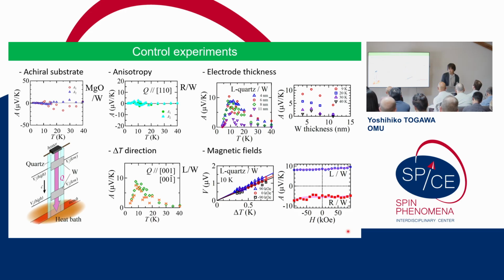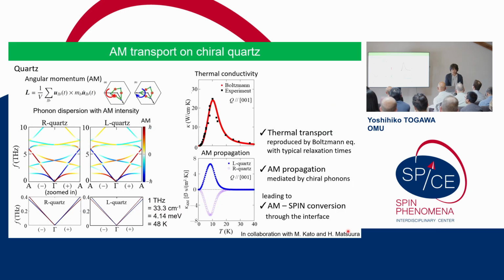Anyway, we could have a really large signal. So what kind of chiral phonon is at work here? Because we have a really nice dispersion. Of course, the point is that the dispersion shows some angular momentum dependence. For the acoustic branch, we have a really apparent, clear split of the branches.